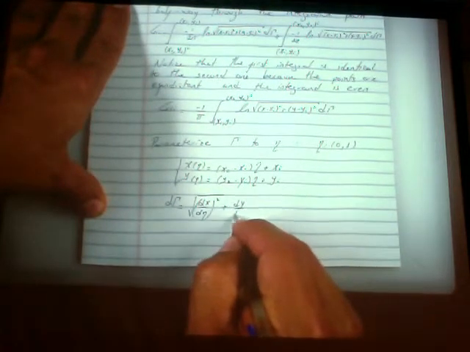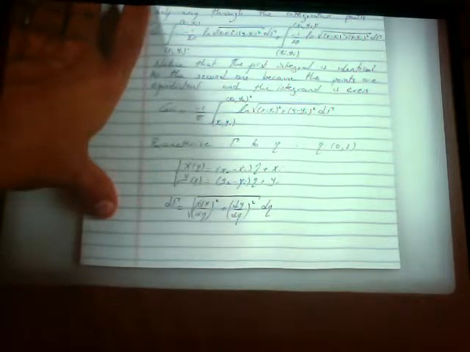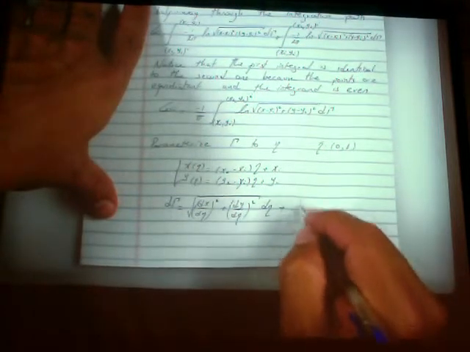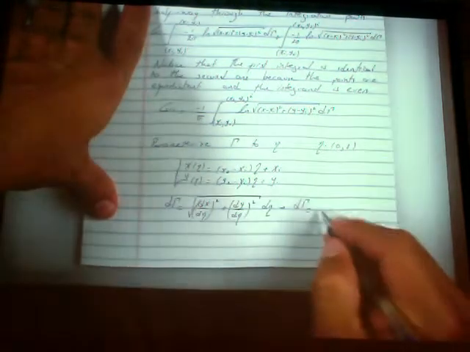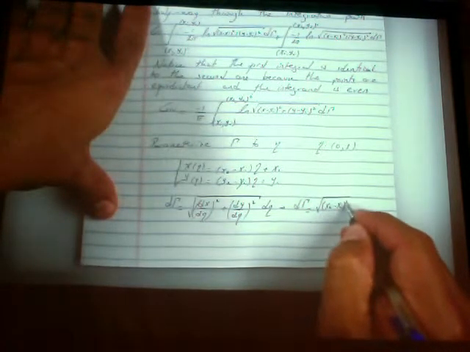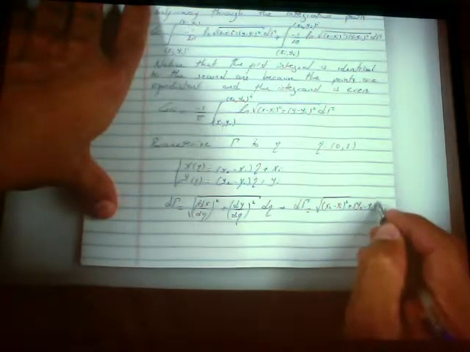Recall, d gamma is equal to the square root of dx d eta squared plus dy d eta squared times d eta, and therefore d gamma is going to be equal to the square root of x2 minus xi squared plus y2 minus yi squared d eta.